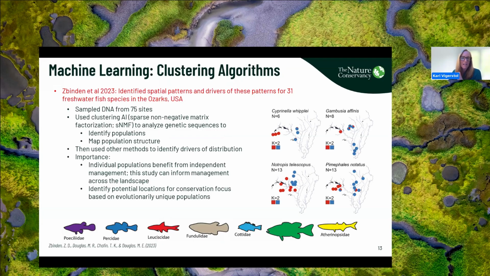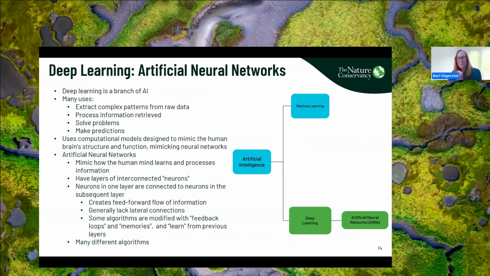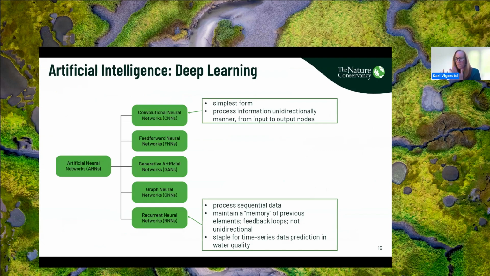For example, understanding populations of different kinds of fish across the Ozarks in the US, and looking at 31 freshwater fish species in order to inform management of these species. There are different examples that we developed, and our intention here was just to understand what the opportunities are, what we are even talking about when we talk about artificial intelligence for this biodiversity space, and what our recommendations going forward might be, and opportunities to use these approaches in helping us advance freshwater biodiversity understanding.